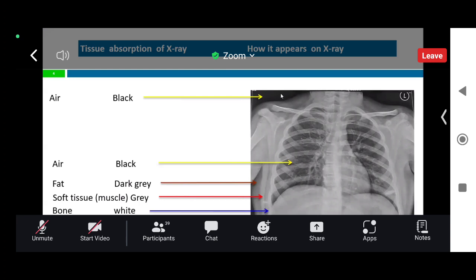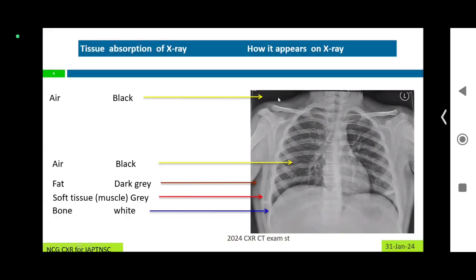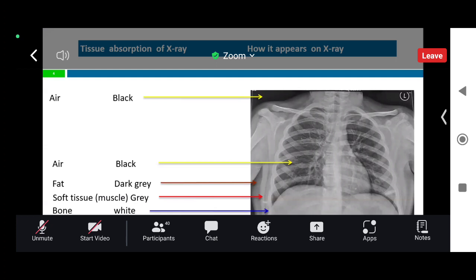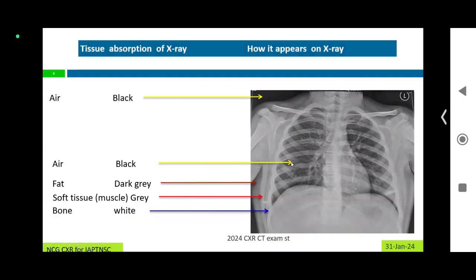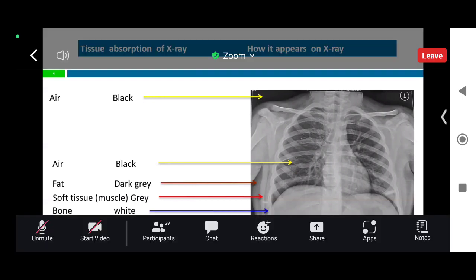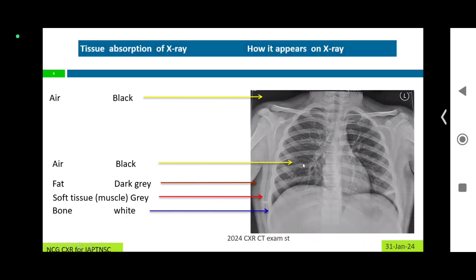What you are seeing outside, at the top, beyond the chest wall, beyond the shoulder, is the atmospheric air that is black in color. But what is there inside the lungs? It is also air, but because it has to pass through some soft tissue, vascular endothelium, the pleura, the muscle, it appears less dark than the air outside.